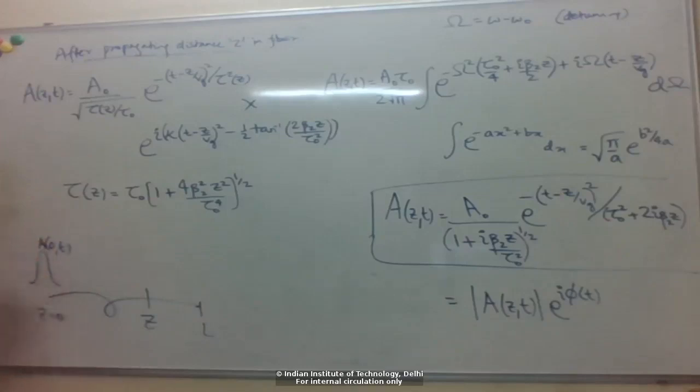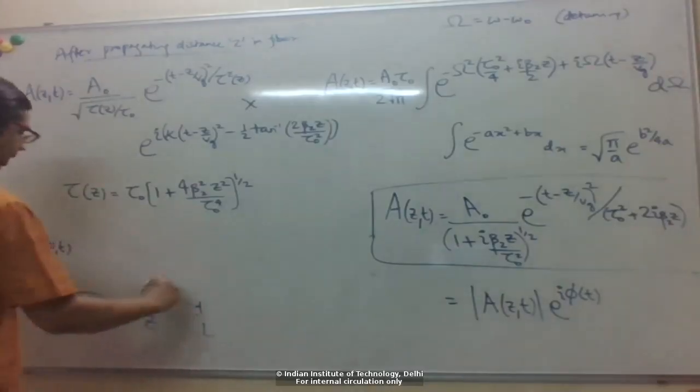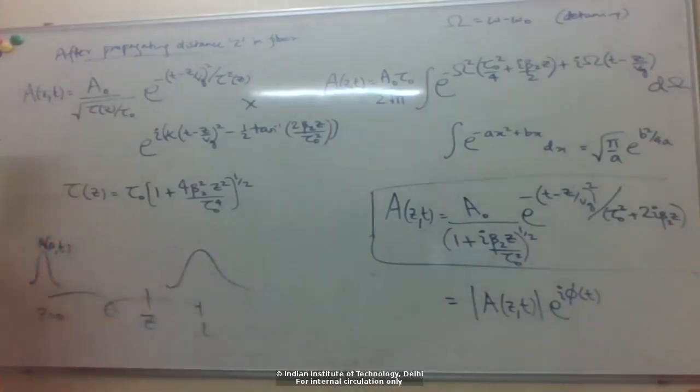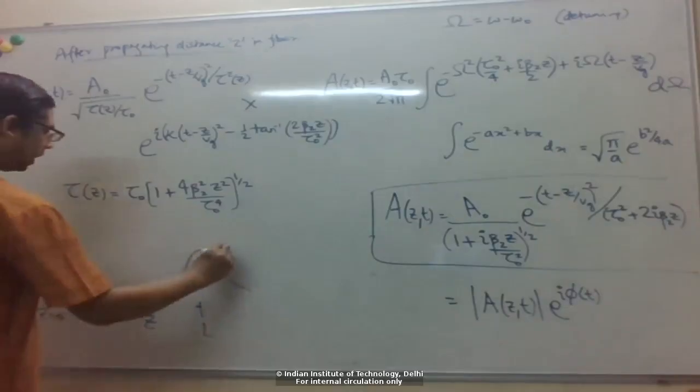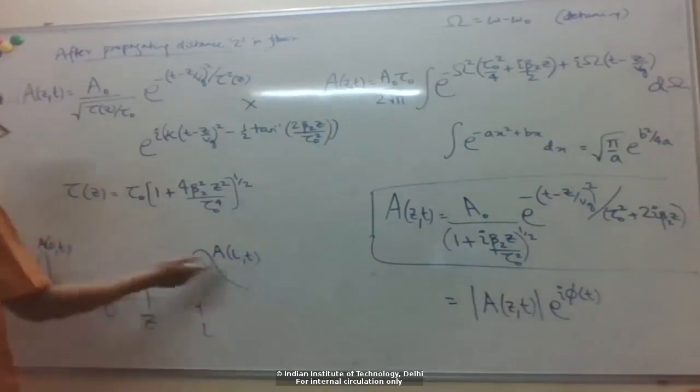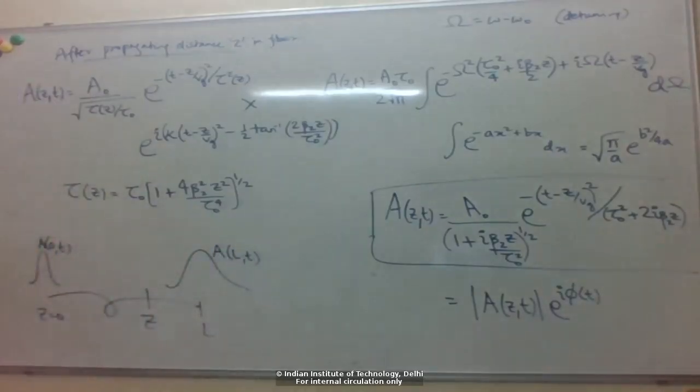We want to see what the pulse looks like after it propagates through the fiber, so A at L comma t. How do we do that?